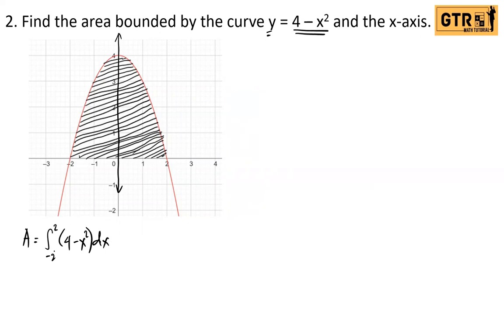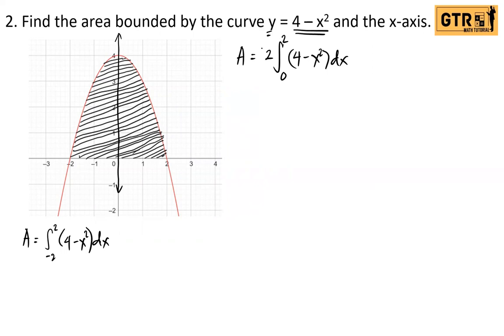Or another way to solve this: since the graph is symmetric with respect to the y-axis, we can solve the area from 0 to 2 and then just multiply by 2. So another way is area equals 2 times the integral of 4 minus x squared dx from 0 to 2.